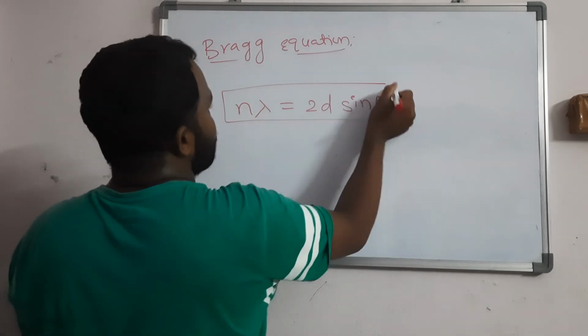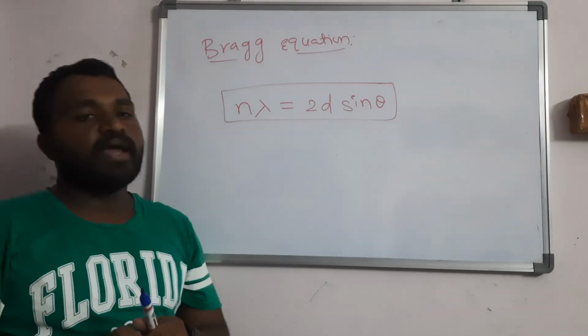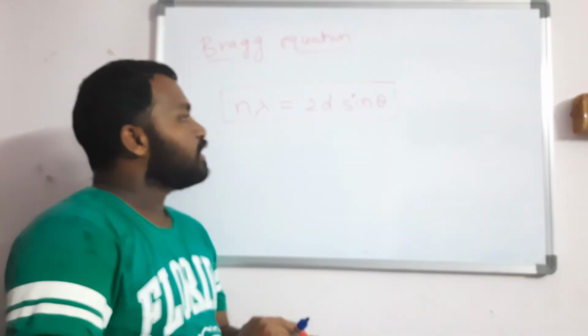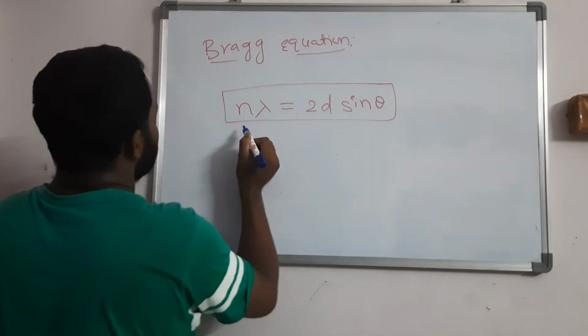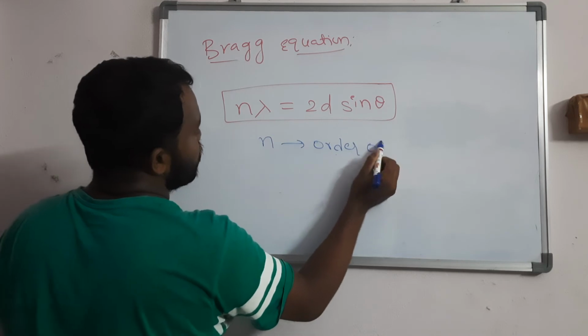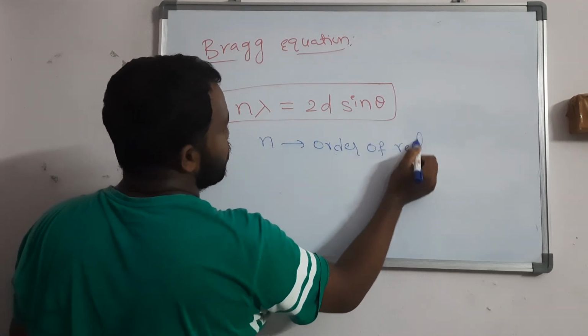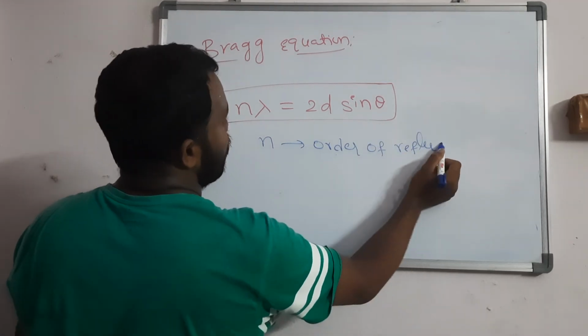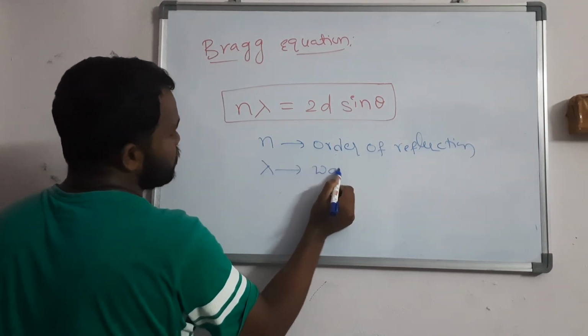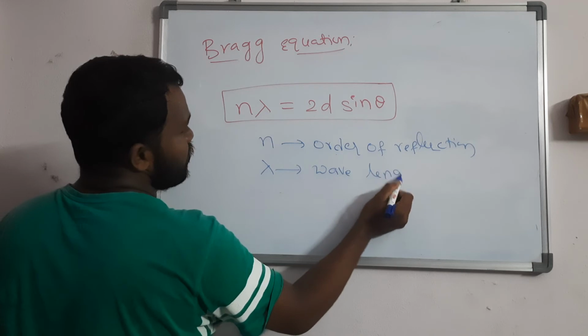From the examination point of view, they will give the n value, lambda value and d value, and they will ask to find out the theta value, or the sin theta value. So here, what is n? Order of reflection. Order of reflection means whether n is equal to 1, 2, 3. Lambda means wavelength.